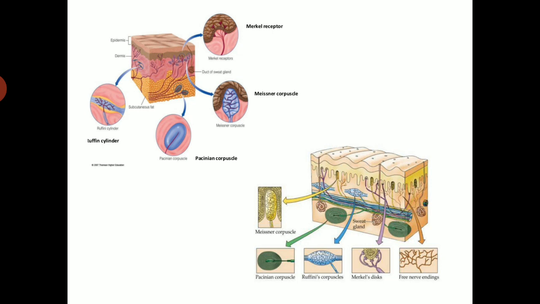And the last one is the Ruffini endings. Ruffini endings are slowly adapting mechanoreceptors, which are considered to exist only in the glabrous dermis and subcutaneous tissue of humans. These spindle-shaped receptors are sensitive to skin stretch and contribute to the kinesthetic sense and control of finger positions and movement.